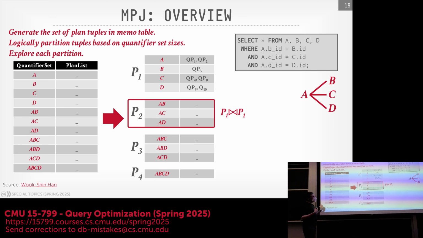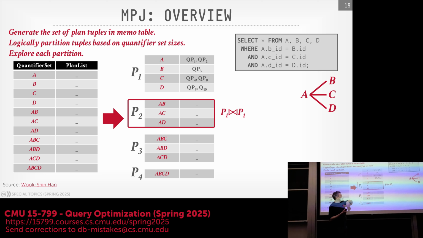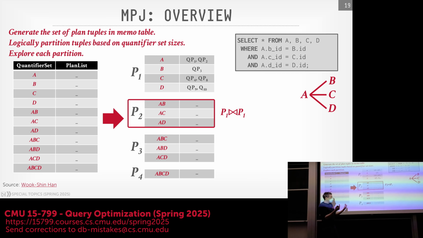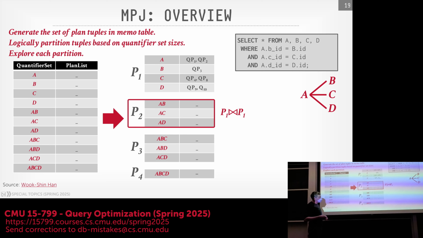Now if I want to evaluate the different combinations I could have here, that's just doing a join of all the things I've generated in the first partition, P1, with itself, because now I get all combinations of subset size 2.